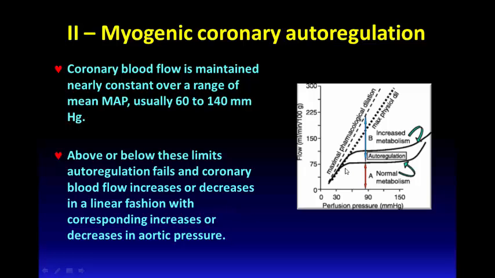or decreases in a linear fashion with the corresponding increases or decreases in the coronary perfusion pressure or the aortic pressure. Thus, as the mean aortic pressure increases, the increased coronary perfusion pressure stretches the coronary arterioles, and when the arterioles are stretched, they undergo arteriolar constriction, increasing the resistance, hence maintaining the flow constant.